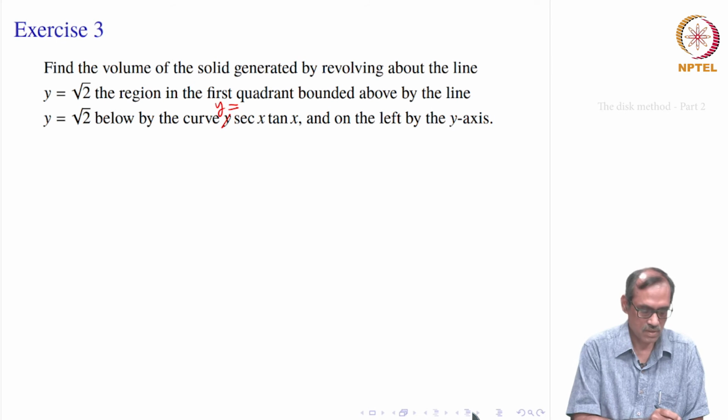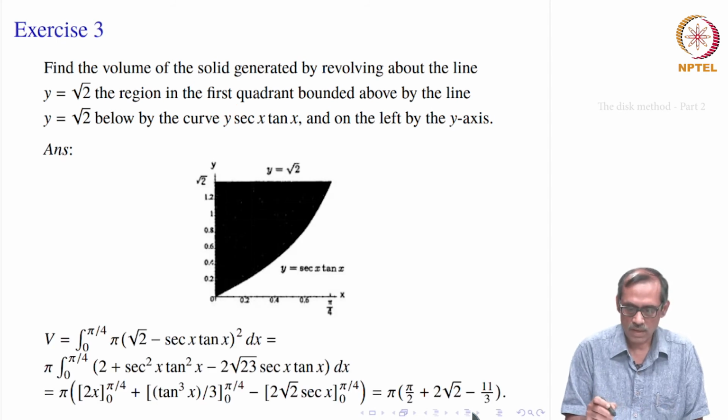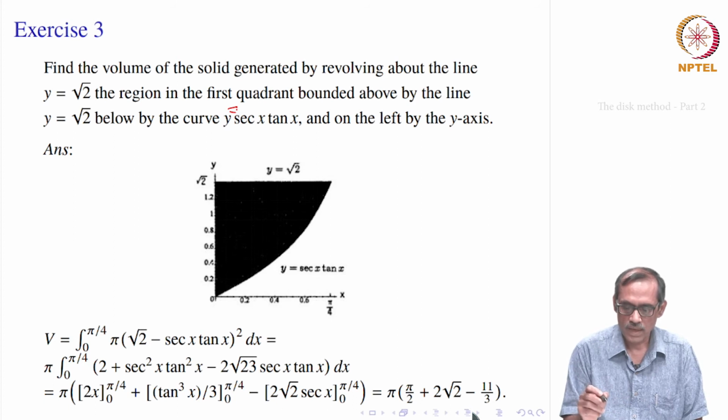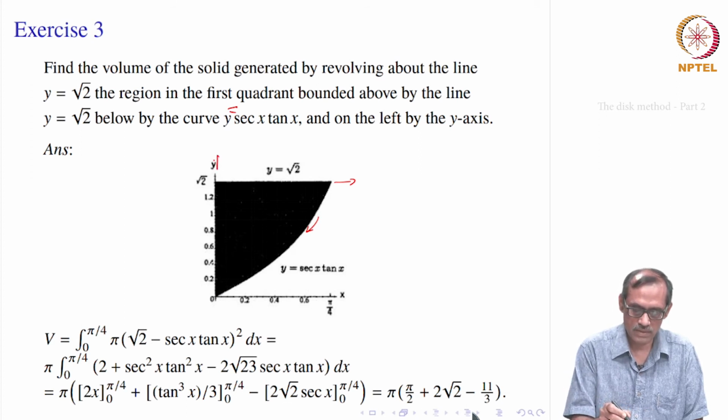So, how does it look? We have the region in the first quadrant bounded above by the line y equal to root 2 and below by the curve y equal to secant x tan x, it is this curve, and on the left by the y axis.